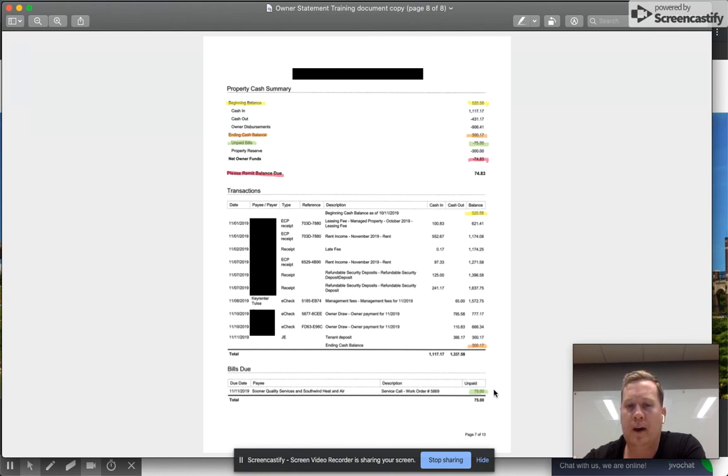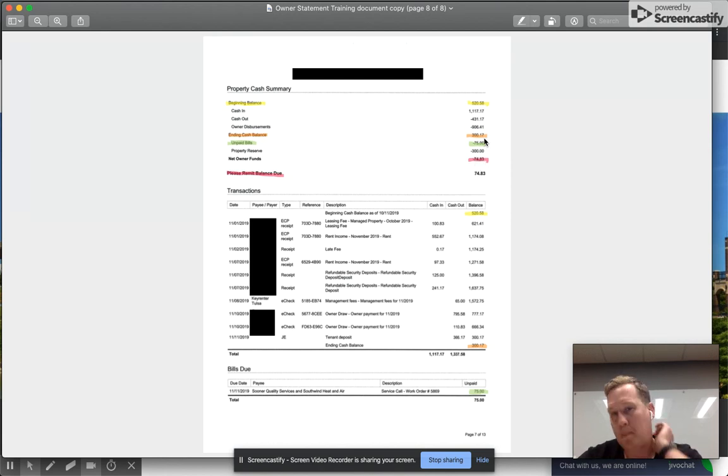Very often you will not see this, but in case you do, this just means that there's $300.17 in the bank, but we still owe $75 in this case for an HVAC work order. When you subtract out the property reserve, it says that the owners owe $74.83.